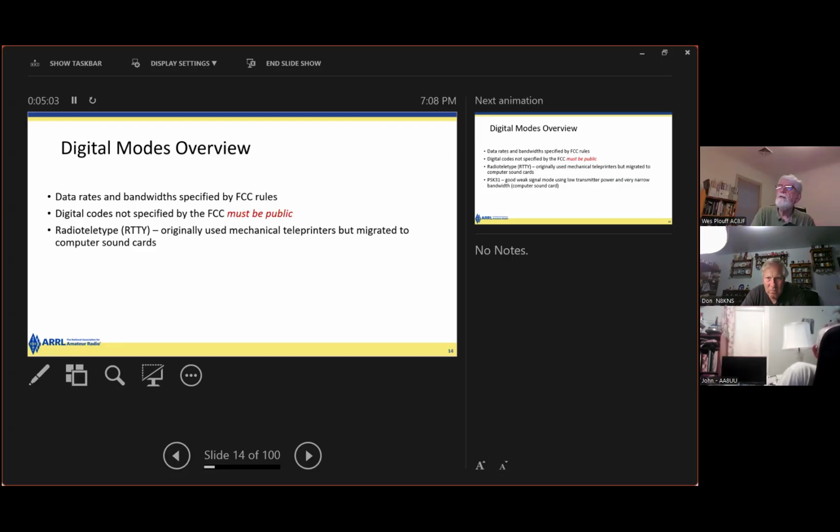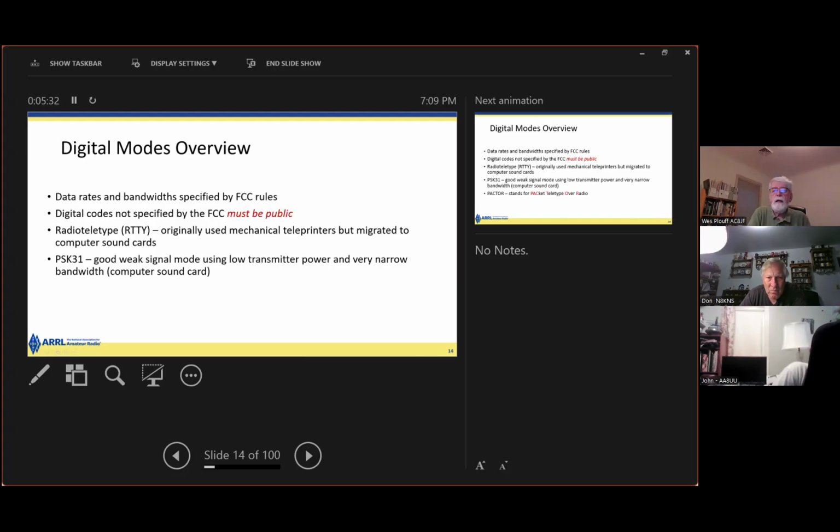Of course, nowadays you don't have that big mechanical hulk sitting in the corner of your shack. Instead, digital modes take place pretty much on computer screens and through audio cards. So digital modes have gone from analog modems to digital modems, more or less.